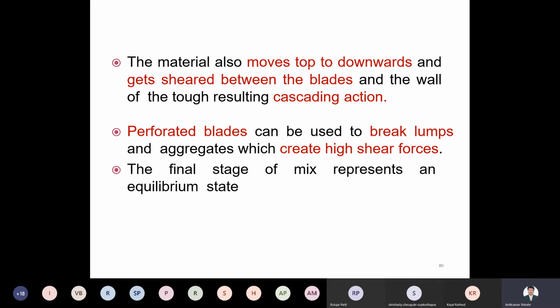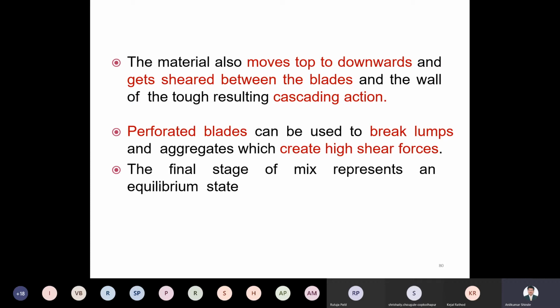Then some perforated, high speed blades are used to break up the lumps. In semi-solid mixing, if powder material is added into some liquid to form a dough mass, large lumps and large aggregates are produced.